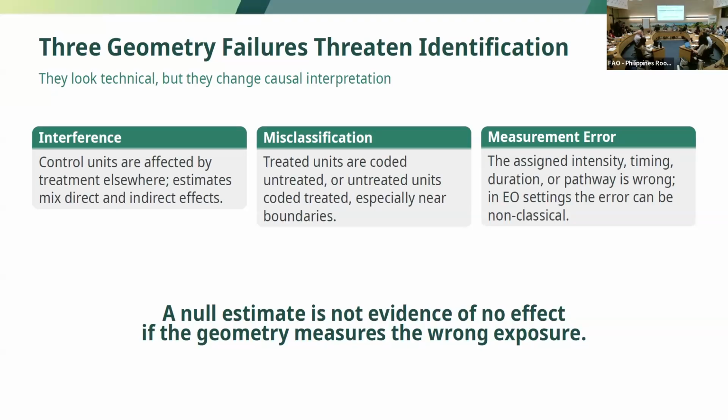It can be classical, it can be non-classical. As economists, we have spent the last 15 years wringing our hands about self-reported data in agriculture: self-reported harvests, self-reported land area, self-reported crop type. At least for me as an economist, it's only recently that I began to think about the measurement error that exists in the geospatial data.